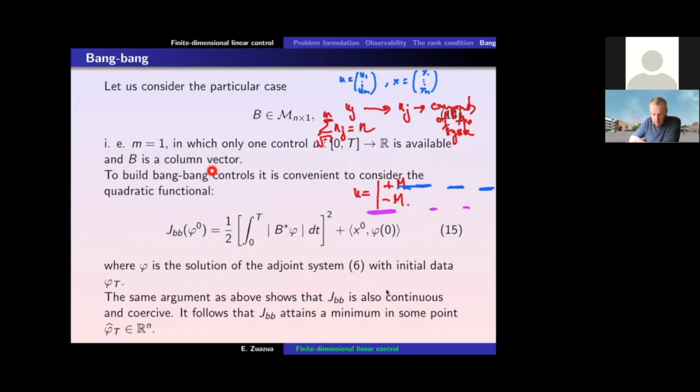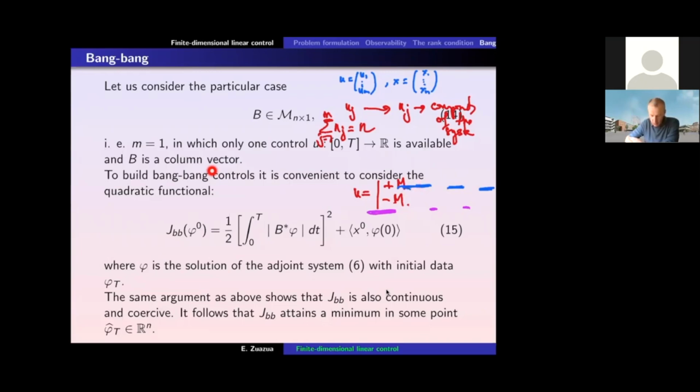But you see, the controls I have written out of the minimization of the previous functional, in which you have an expression that was B star times phi hat, the distinguished solution of the adjoint system out of the minimization of the functional J, were not bang-bang.